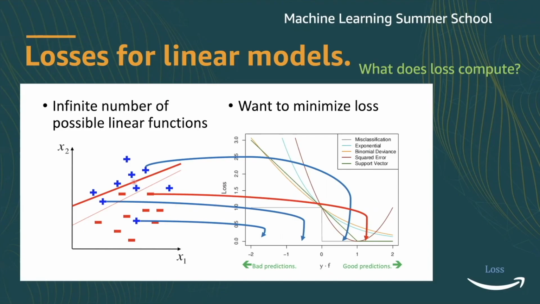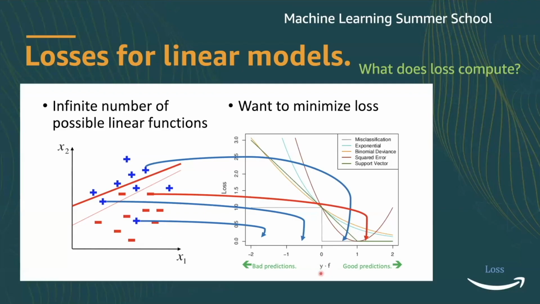Now, let's say this solid red line is the decision boundary. Take the example of this red point. It lies below the red line, and it is correctly categorized. Below the decision boundary are all the red points.